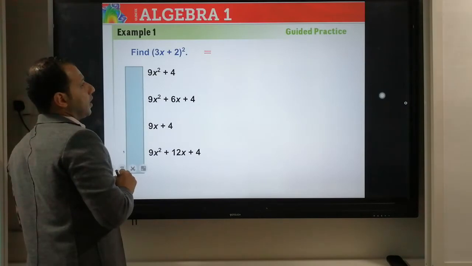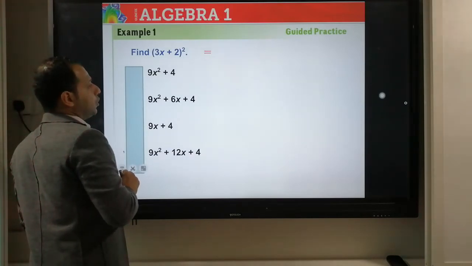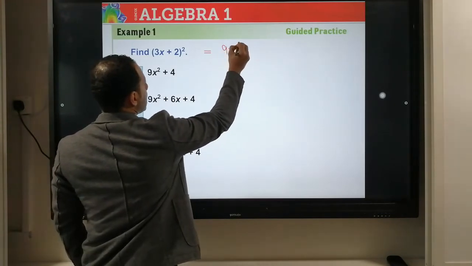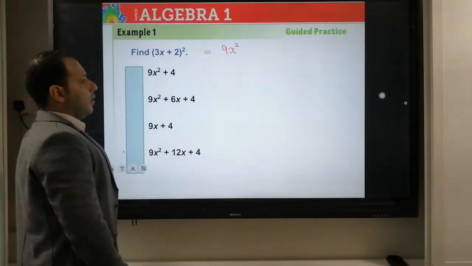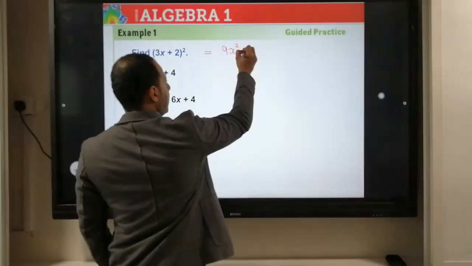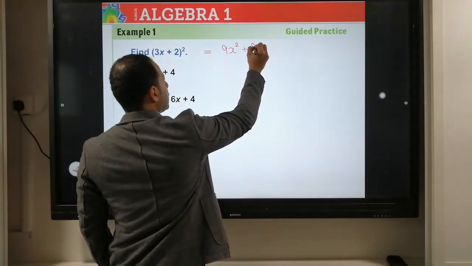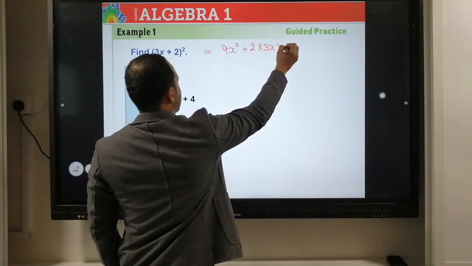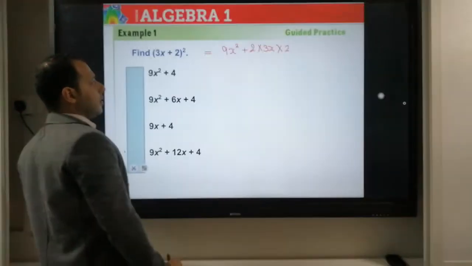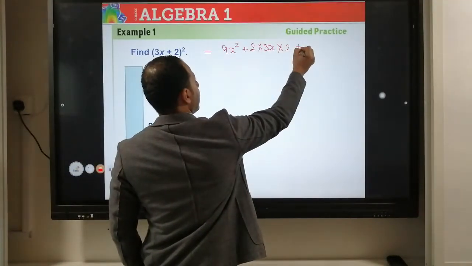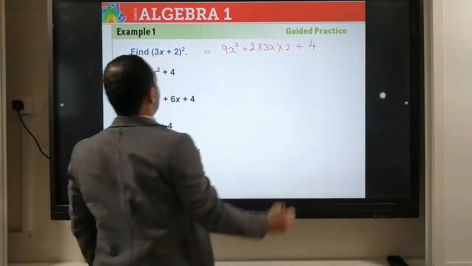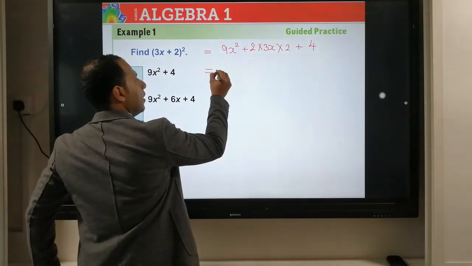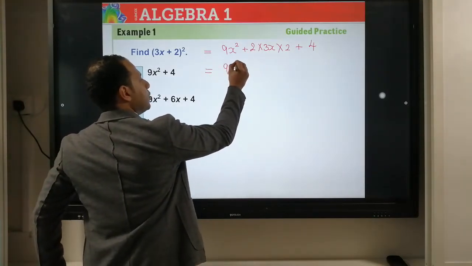Start with me. First power 2 means, excellent, 9x power 2. Then it's a plus, 2 times the first times the second. And then plus, excellent, it's 4, since 2 power 2 equals 4. So 9x power 2.